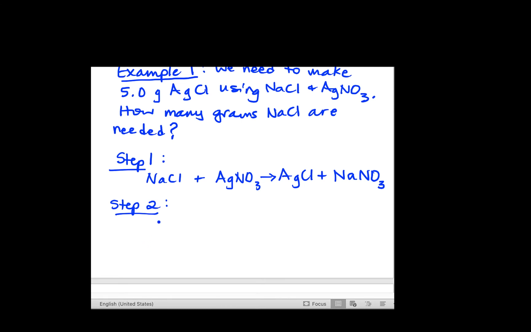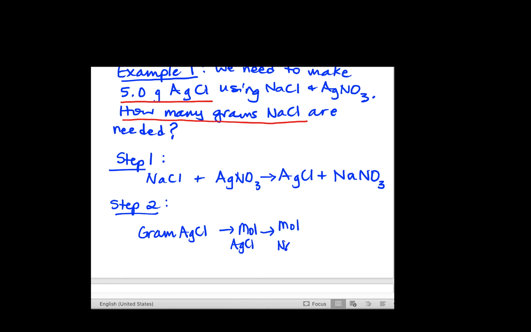If we think about the units that we're starting out with, we are looking at grams because we have been told that we need to make 5 grams of silver chloride, and we want to know how many grams of NaCl we need. So we're going to start with grams of AgCl. We're going to convert this to moles of AgCl. Through the balanced equation, we will use our mole to mole ratio to get moles of sodium chloride, and then we'll go from there to grams of sodium chloride.